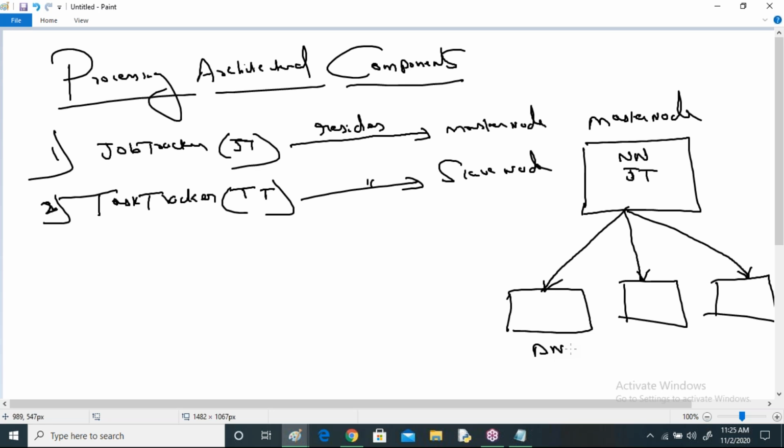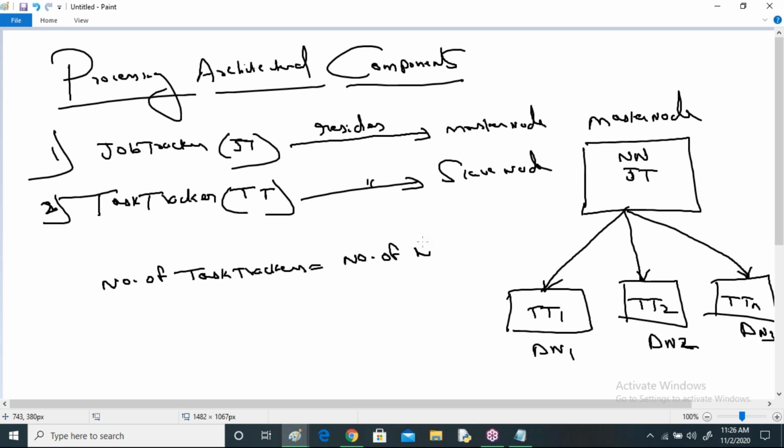Then data node 1, data node 2, data node 3, with task tracker 1, task tracker 2, task tracker n. The number of task trackers is equal to the number of data nodes.